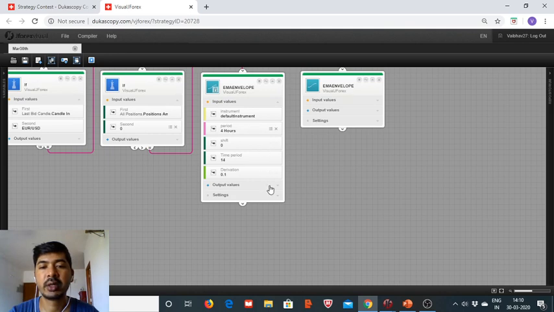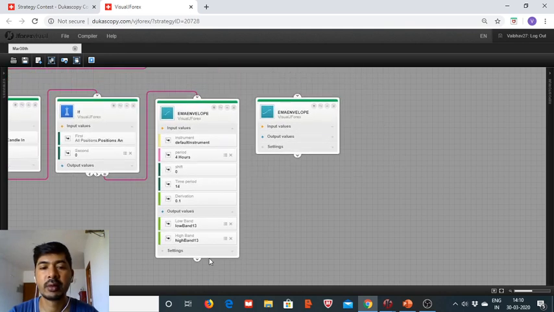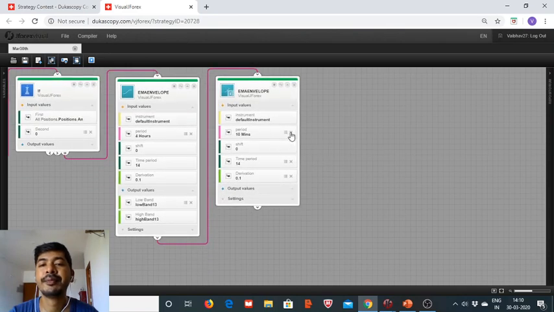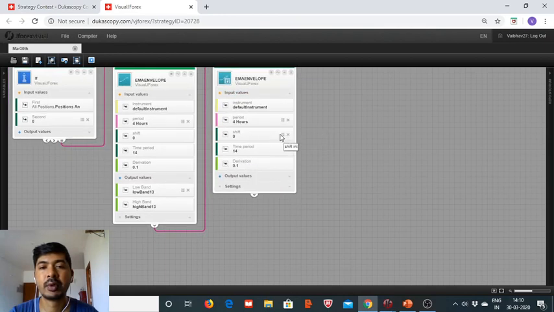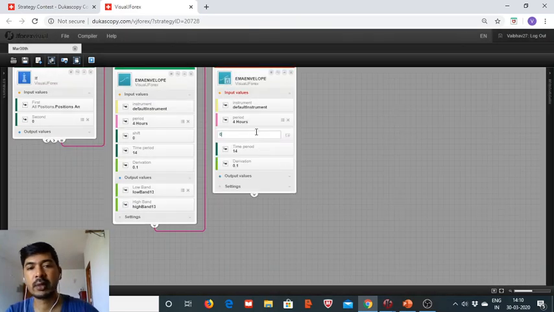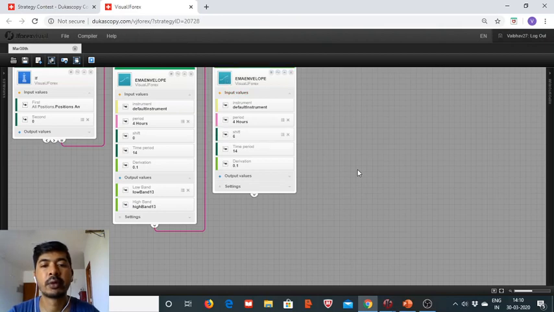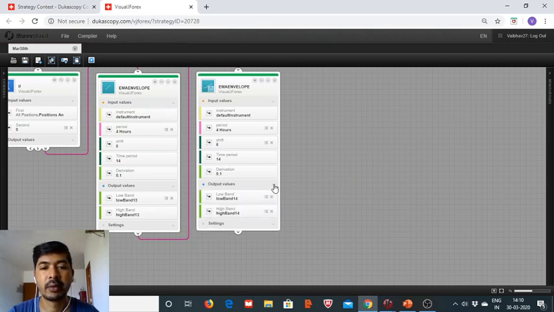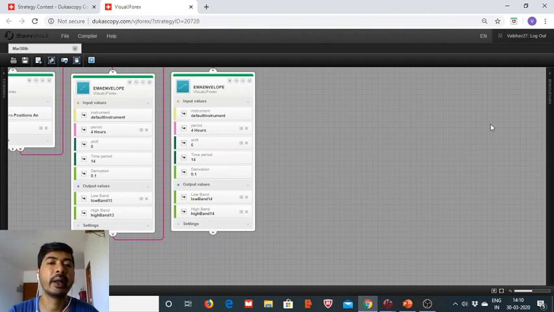Shift 0, deviation is 0.1, and then we make it 6. So it will be 6 candles back, 1 day back. Okay, and here are the low band and the high values.